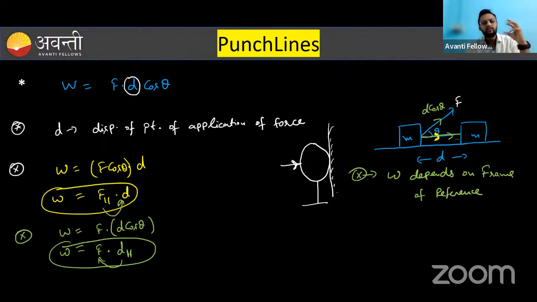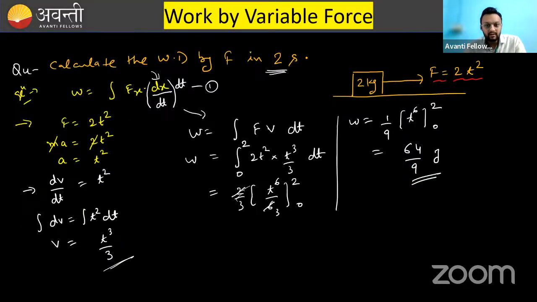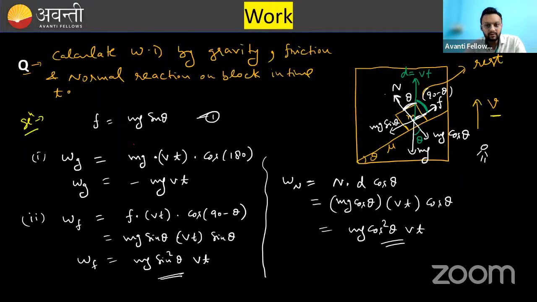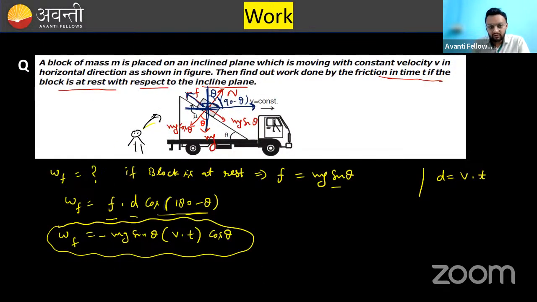One was a truck moving with a block on it, and another was an elevator going upward. In both the questions, have you noticed I have drawn an observer? I will show you. Like moving backward. Yeah, this one. In this question, I have drawn an observer. This one is the observer. In the previous question, I have also drawn an observer, this observer. So this tells us that work depends on the frame of reference.